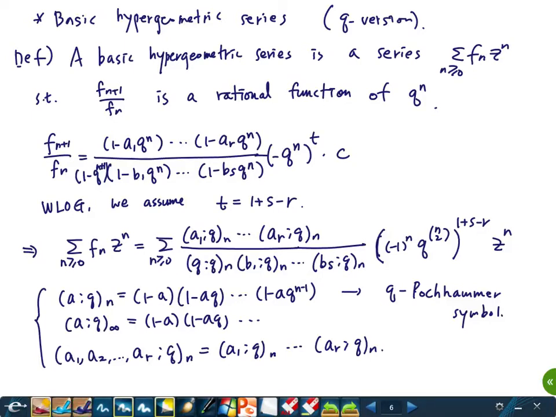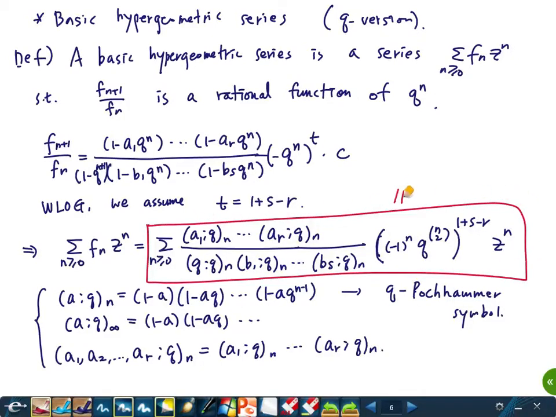And this will be denoted by R phi S, A1 AR, B1 BS, Q and Z. So Q specifies this. Q is normally called the base Q.